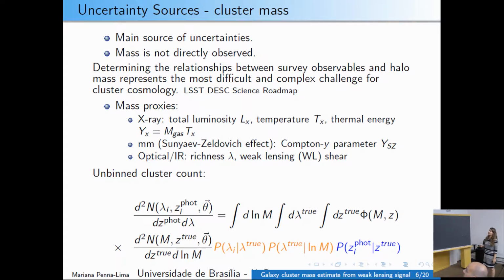So you have an integral over the true mass, an integral over the true richness, okay? And you have to include, this is the theory, the number density, the number of clusters per redshift and mass. This is the probability distribution of observing richness given a true one. This probability distribution relates the true richness with the halo mass, and this is the photometric redshift probability distribution. This fifth function here is the selection function, so it deals with the purity and completeness of your catalog.